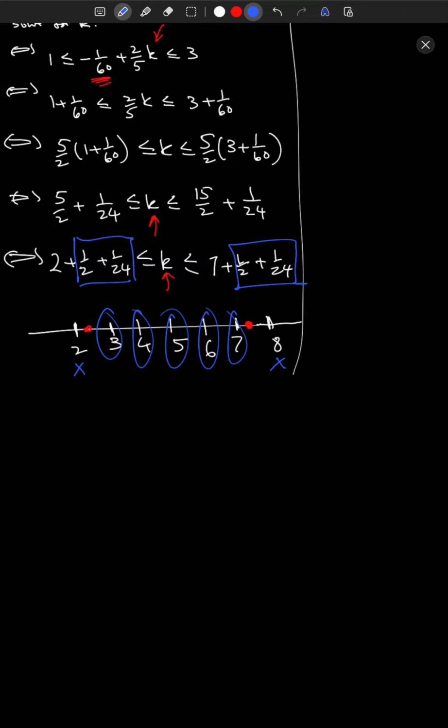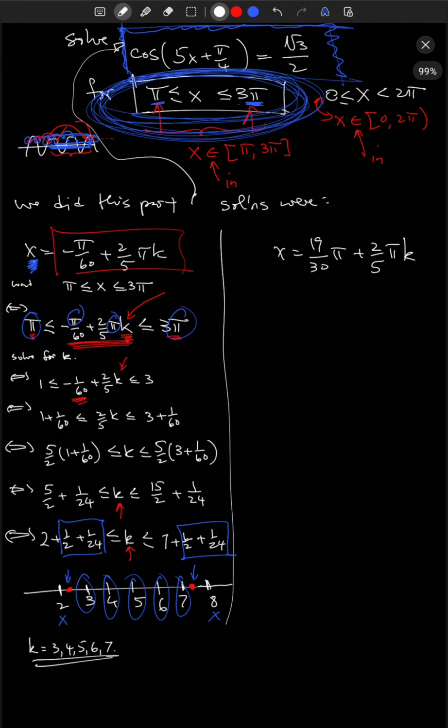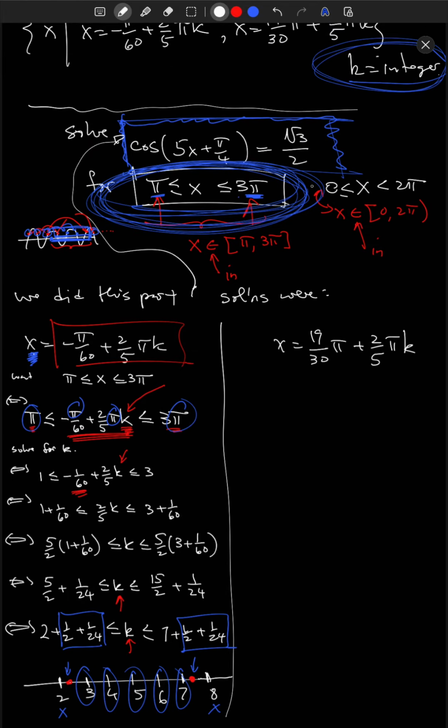And it cannot be 2, because I need k to be between this red dot and that red dot. All right, so I've concluded that I need k equals 3, 4, 5, 6, and 7. So those 5 values of k are going to give me solutions to the full problem up here.